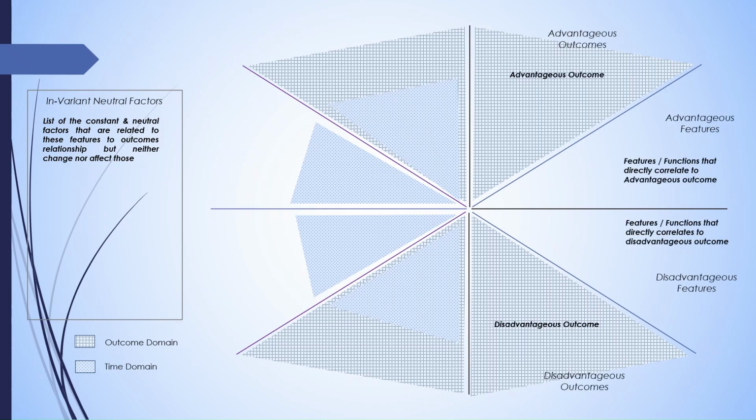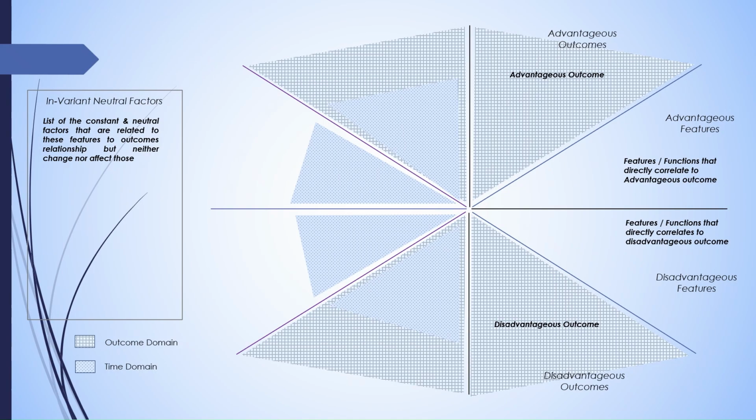So let's quickly revisit what this 8-part construct looks like, just to ensure everyone is oriented. At its core, this framework asks you to look at 8 distinct aspects of a scenario. Out of these 8 parts, 4 belong to what we call the outcome domain. This is where benefits and non-benefits show up. Layered on top of this is another critical dimension: time. Out of the 8 parts, 4 are time domain areas, 2 related to features and 2 related to outcomes.